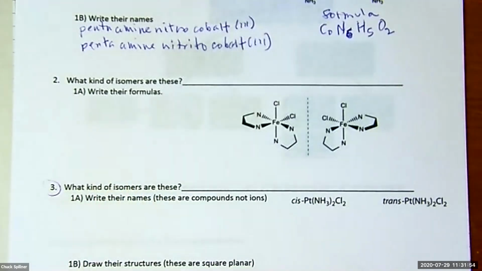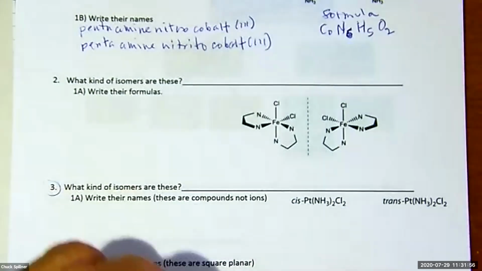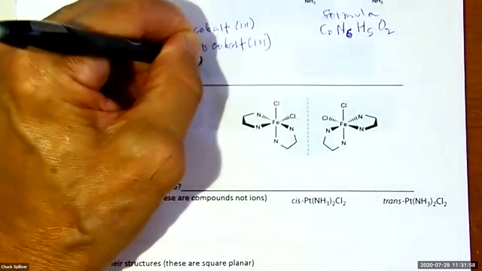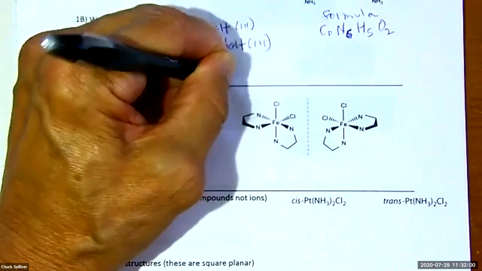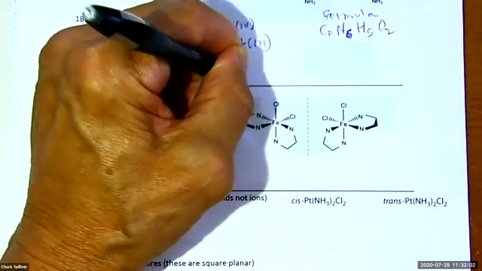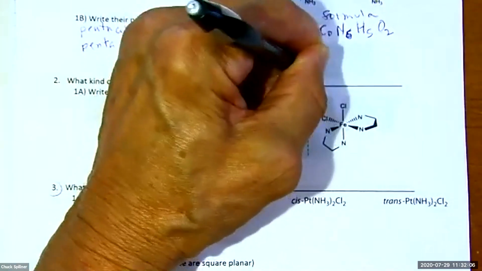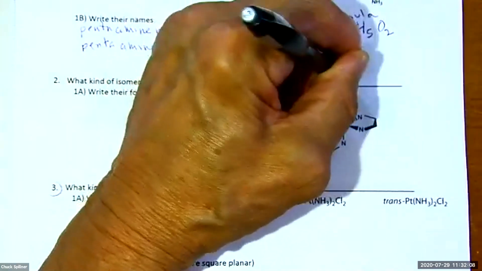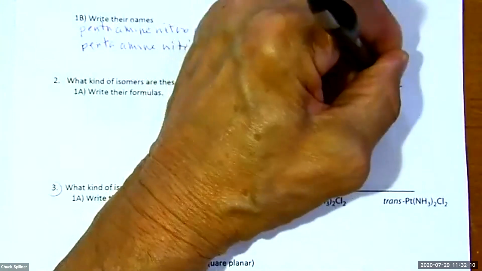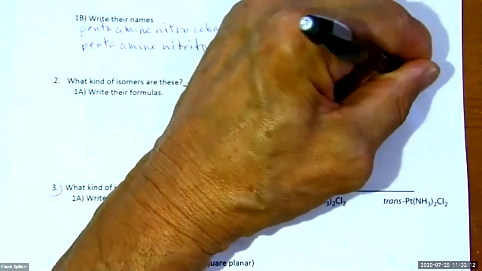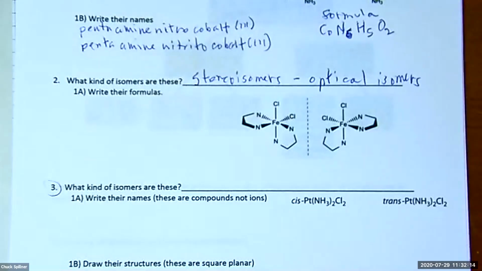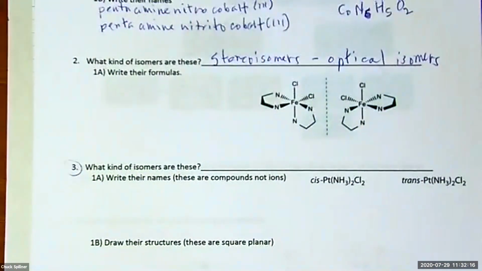So these turn out to be mirror image isomers. So these are stereoisomers. And since they're mirror images, they are optical isomers. So these are called optical isomers.